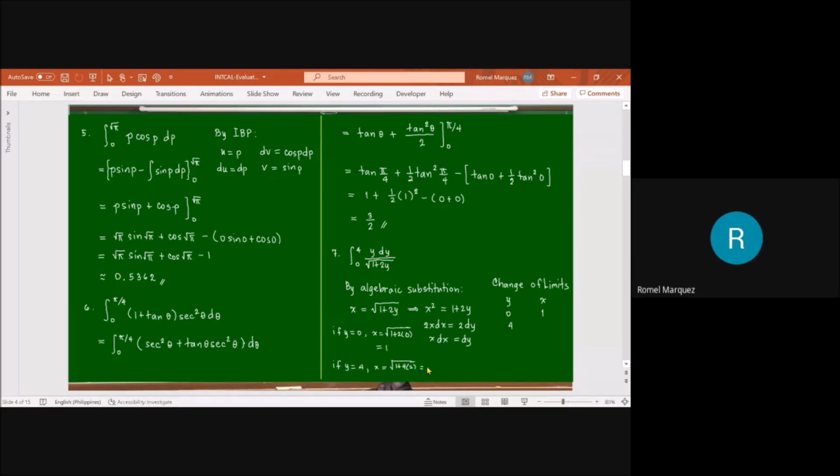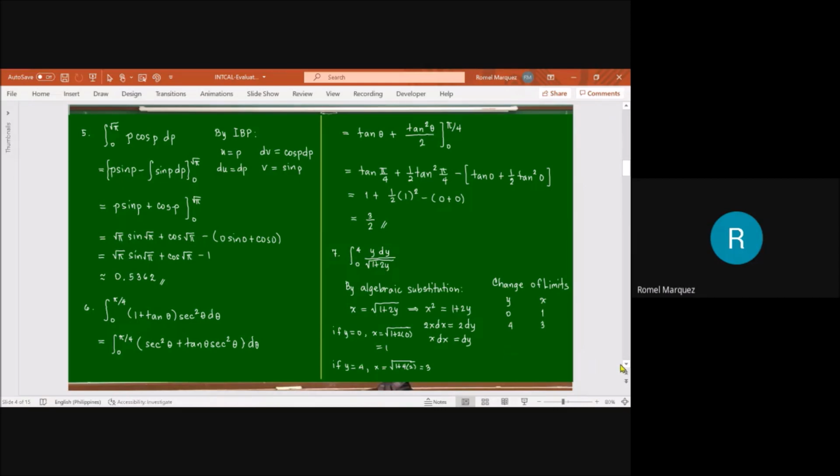So square root is 3, okay? So corresponding to y equals 4, when you are now in the x variable, the value is 3. So you're going to evaluate this instead of from 0 to 4, from 1 to 3. But remember, your variable is in x. Okay, guys? Is that clear, guys?